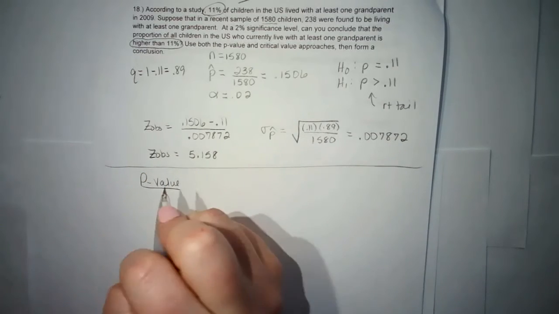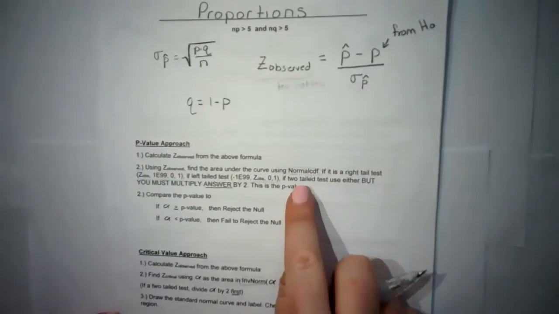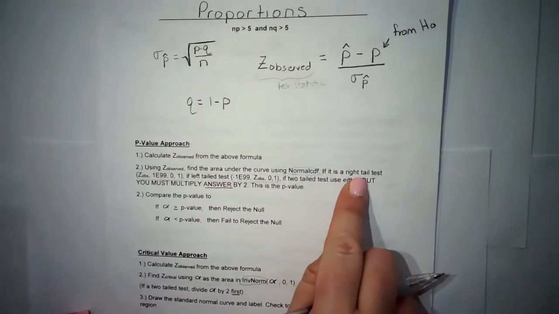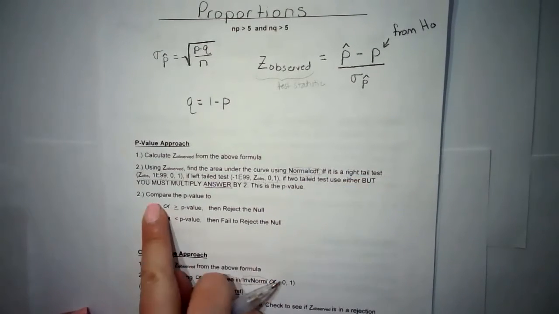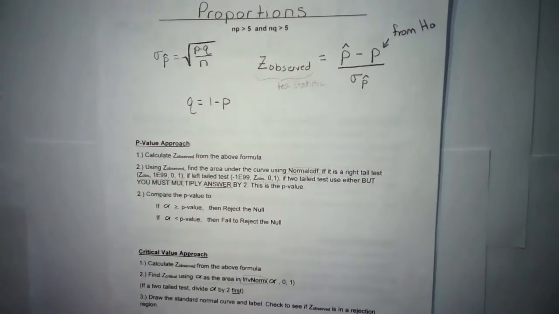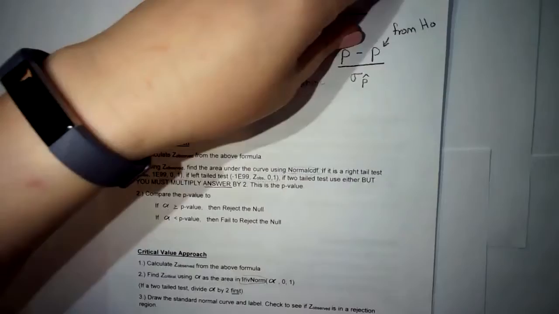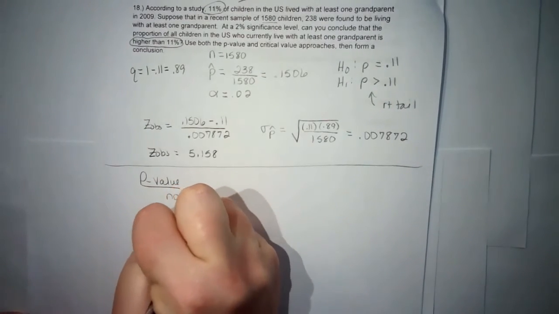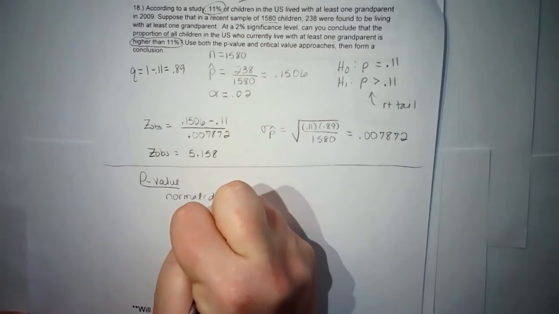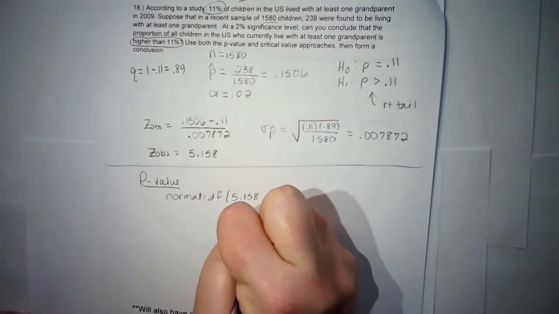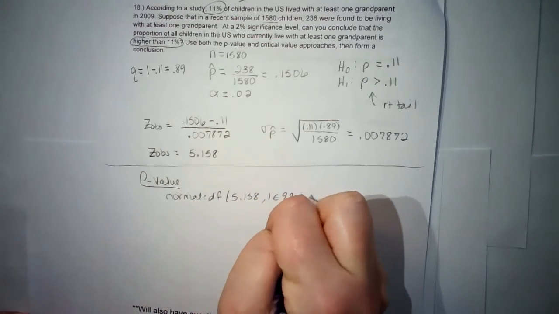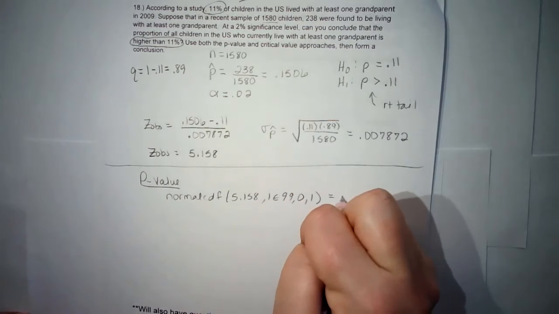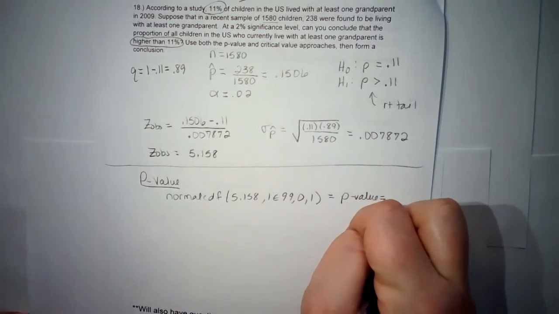Okay, p-value approach tells me I'm going to be using normal CDF. Now I'm a right-tailed test. For a right-tailed test, I'm going to use Z observed as my lower bound, infinity as my upper bound, 0 and 1. Okay, so I'm going to have normal CDF, lower bound, upper bound, 0, 1. This is going to be my p-value.